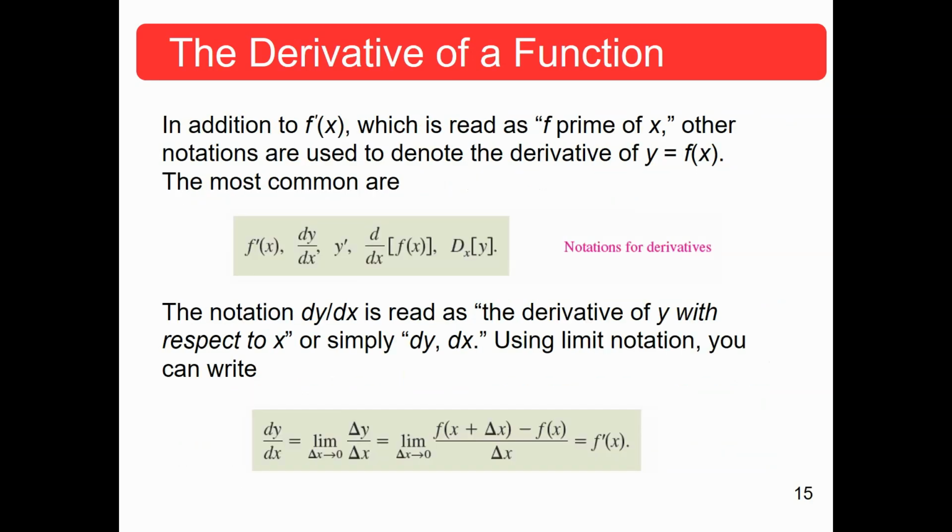Now, in addition to f prime of x, we can write it with f, like an apostrophe, and then parentheses x. There are other ways of writing the derivative. Now, most of the time, we're talking about f of x, right? So we'll say f prime of x. We'll also write it as dy over dx.